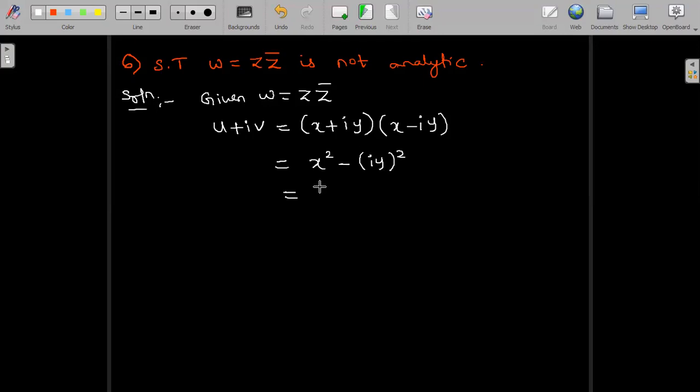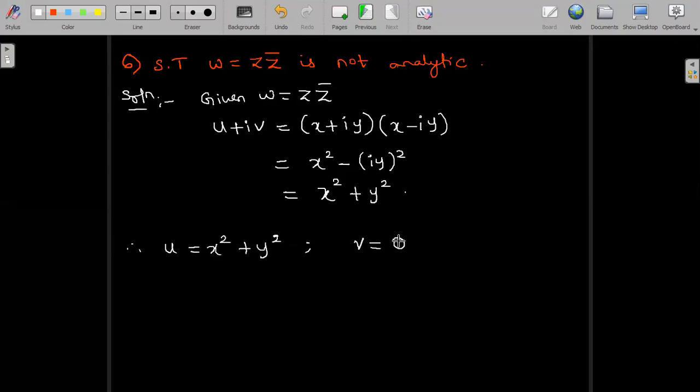We recall i square is minus 1, so this gives x square plus y square. Now separating the real and imaginary parts, u is equal to x square plus y square and v is equal to 0, since there is no i term on the right hand side.